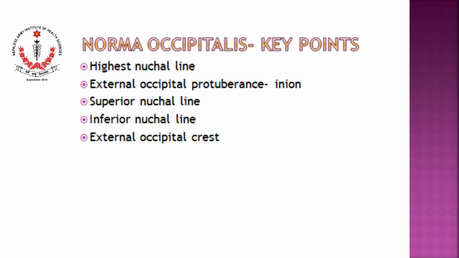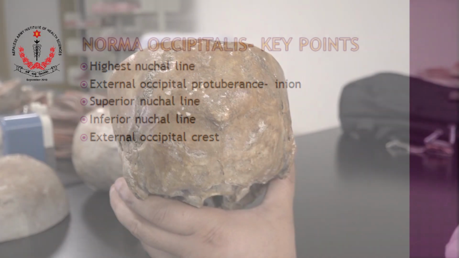Norma occipitalis. Key points: highest nuchal line, external occipital protuberance, inion, superior nuchal line, inferior nuchal line, external occipital crest.